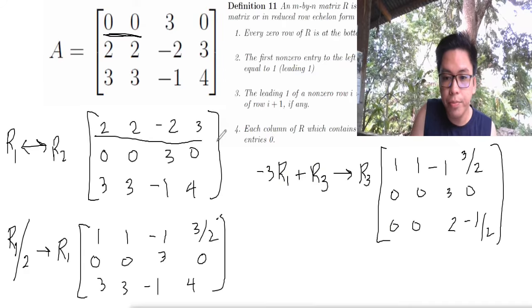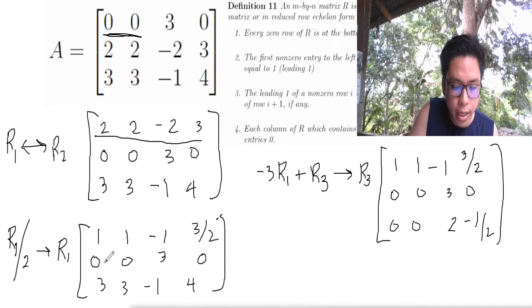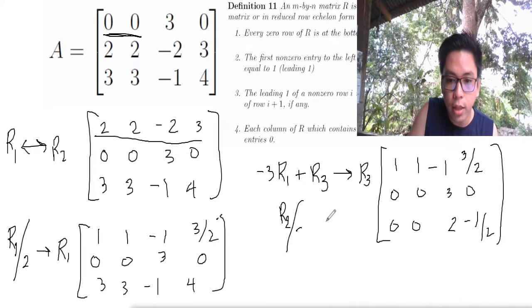And this is already the new matrix. My next goal is that I can reduce R2, so I'm going to divide that by 3 to get a new R2.